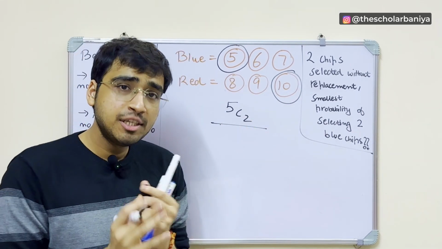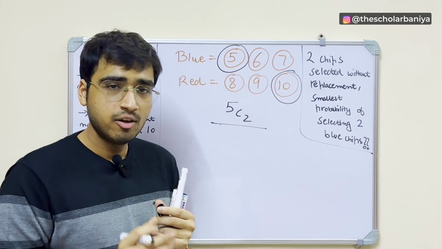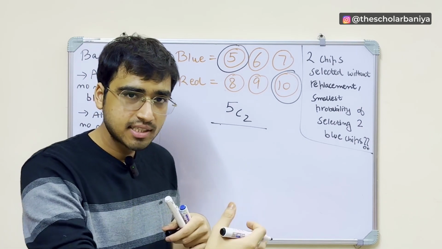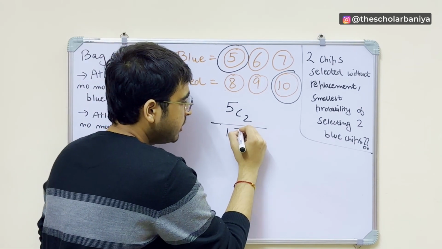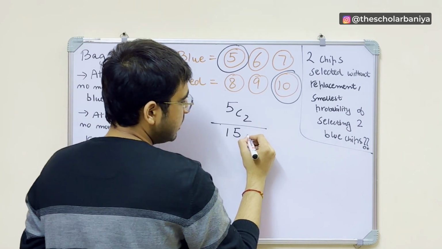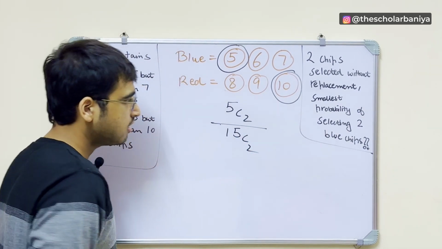Now how many chips are there in total? 5 blue plus 10 red, which means there are a total of 15 chips, out of which we have to select 2 chips. So that means 15C2.